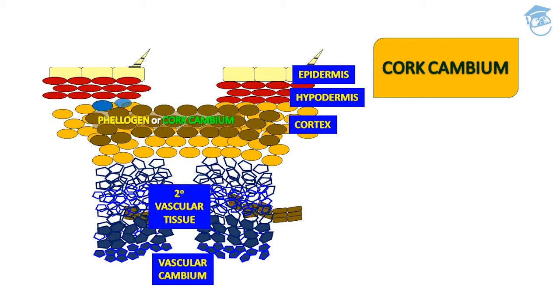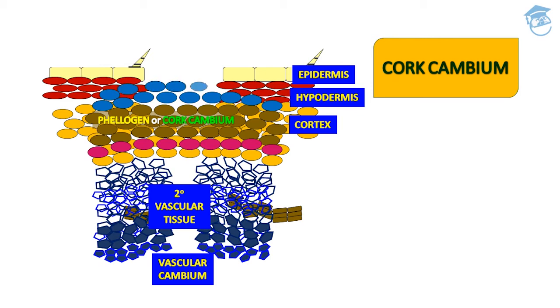Like this blue is showing cork cambium or phellogen, which usually develops in the cortex region. So phellogen is a couple of layers thick. It is made up of narrow cells.